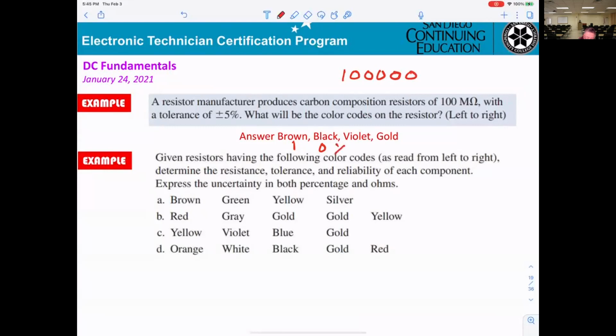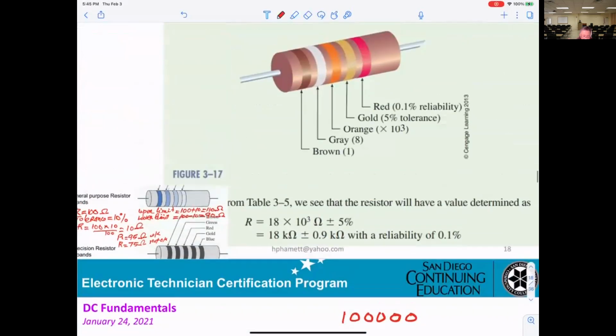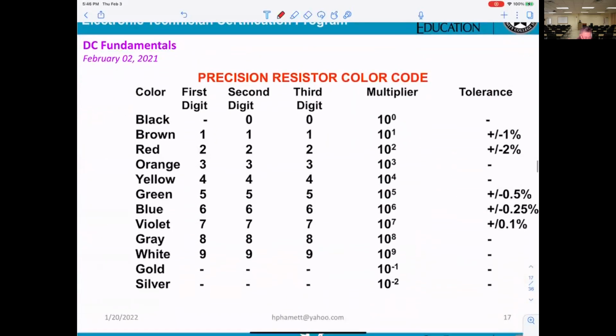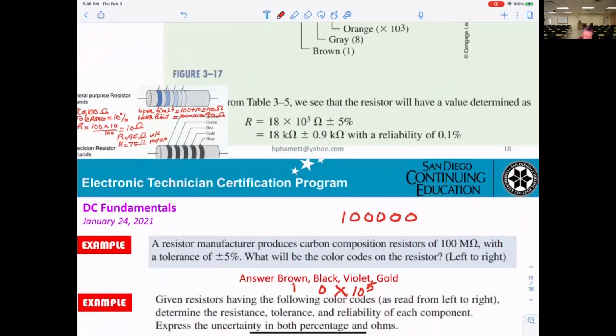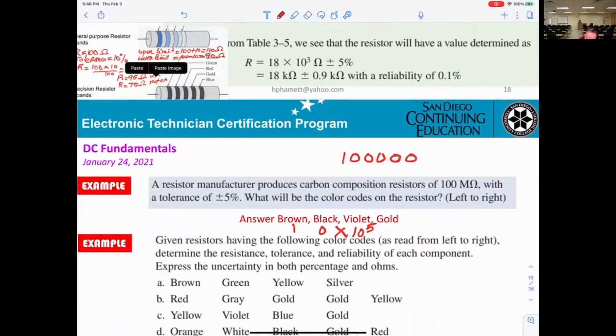That means you have to multiply by 10 power 5. I try to say violet. Violet will be the multiplier here. Yeah, should be 7. That means multiply by 7. Okay, so basically it will be multiplied by 7.